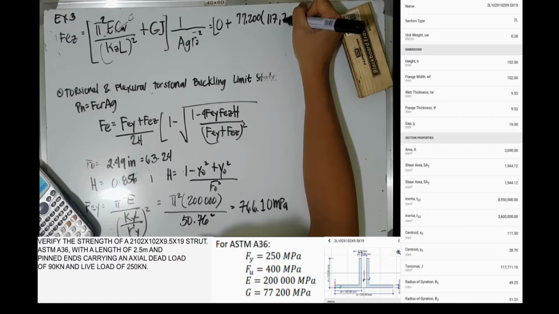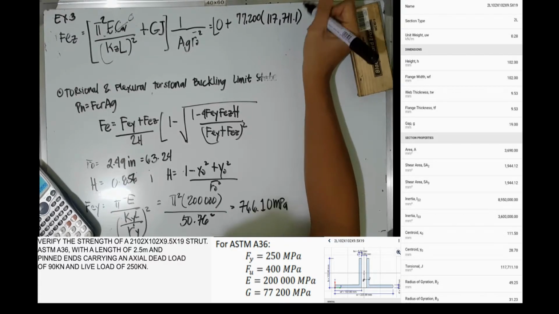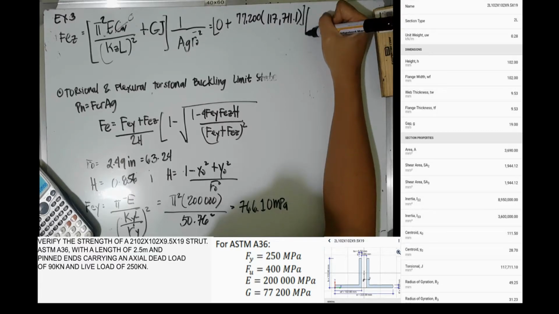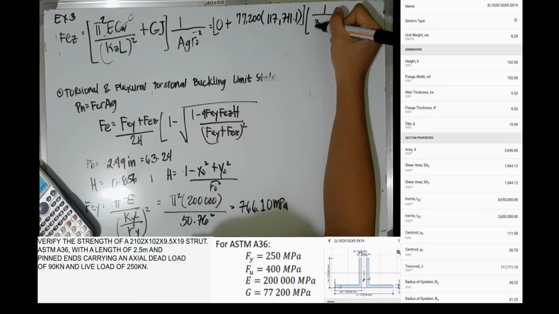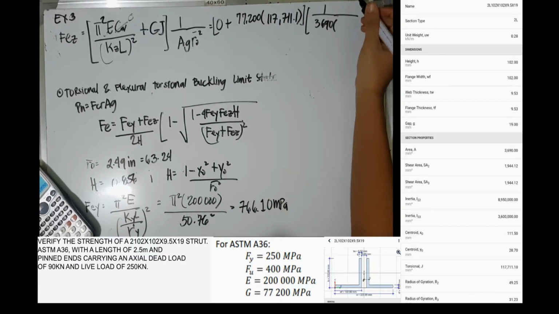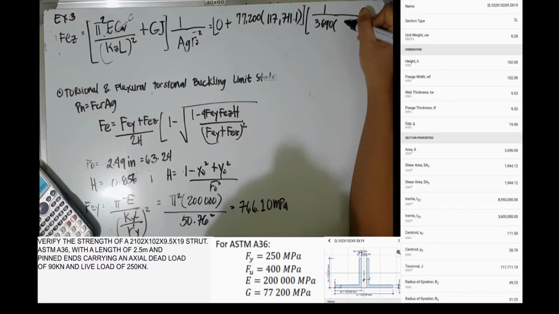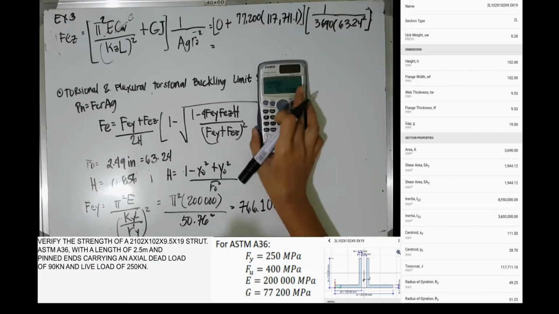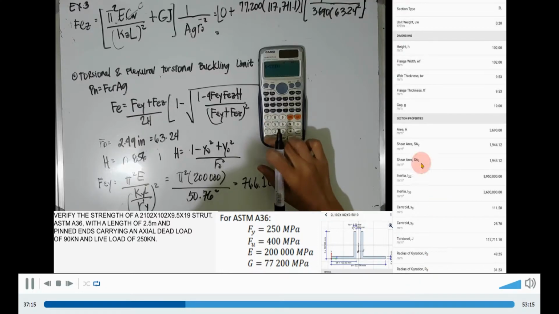So substituting those values, our shear modulus of elasticity is 77,200, and our torsional constant is 117,711.1.